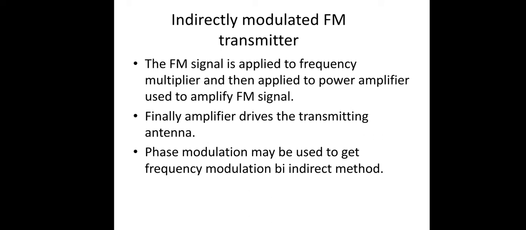It is necessary only to integrate the modulating signal before applying it to the phase modulator, and at the output of the phase modulator we get FM signals. Then the FM signal is applied to the frequency multiplier and then to the power amplifier, usually to amplify the FM signals. Then the amplifier drives the transmitting antenna.